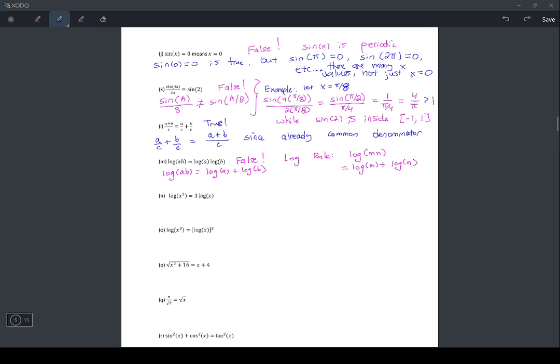Okay, question N. Log of x to the power 3 is equal to 3 times log of x. This is true. It's a log rule. That the log of m to the power of n is equal to n times the log of m.